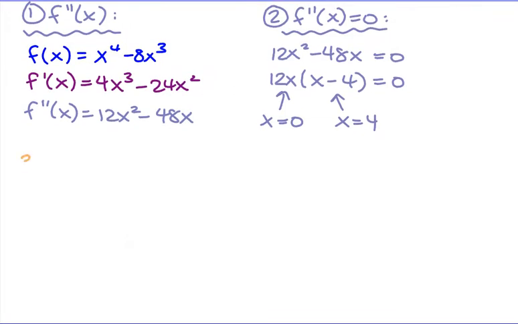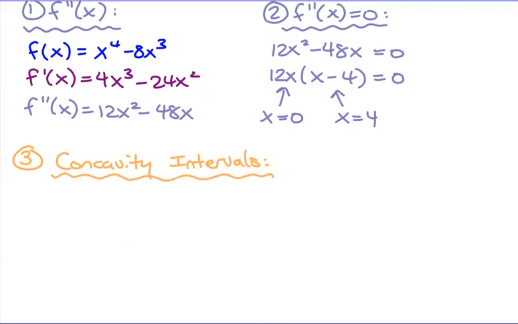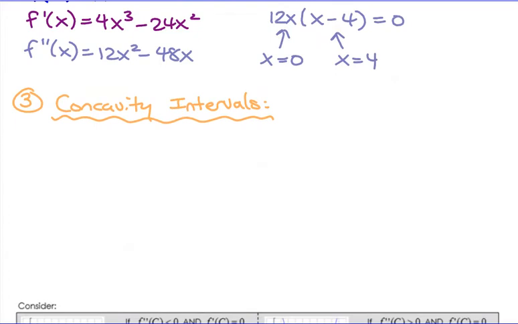Okay, so number 3, we're going to get the concavity intervals. Since these are the important numbers, I'm going to go from negative infinity to 0, 0 to 4, and 4 to infinity.